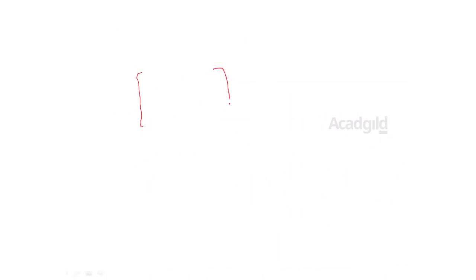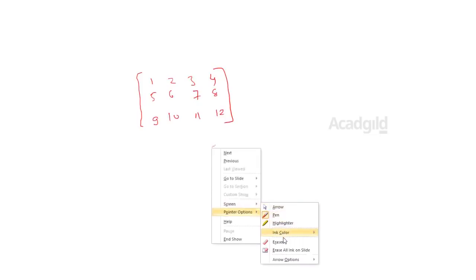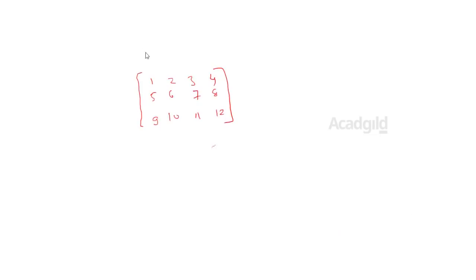We'll just keep some bigger one. So 1, 5, 6, 7, 8, 9, 10, 11, 12. First of all, let us see how these indexes are working here. If we go by this, this is 0, 1, 2, and the columns are 0, 1, 2, 3.